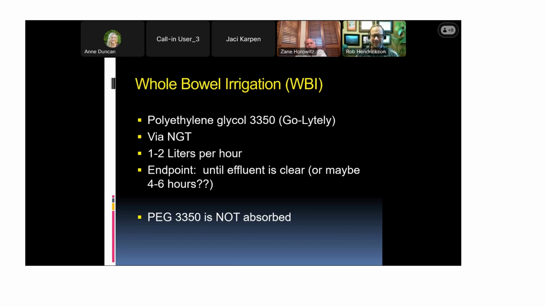It gets kind of brownish, and that's about it. Eventually I'm sure it's clear, but it's way too long. So if there's a question on the end point, the answer may be that you do it until the effluent is clear. Clinically speaking, I think it's probably not necessary for the effluent to be clear.